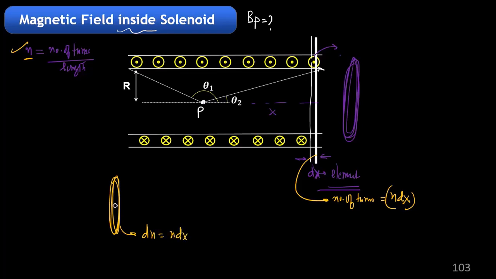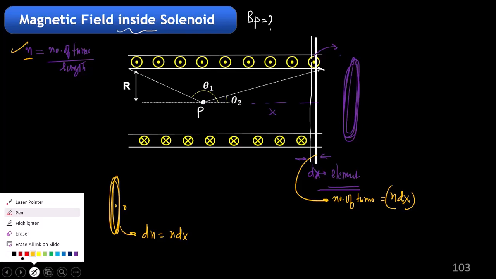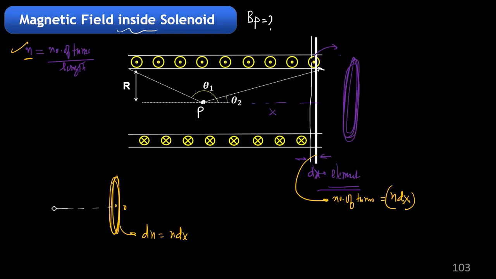Now from the center of the coil, we want to calculate the magnetic field at a distance of x, at point P. I can apply the formula for the loop, which I have already calculated: mu naught I R square divided by R square plus x square whole to the power 3 by 2.